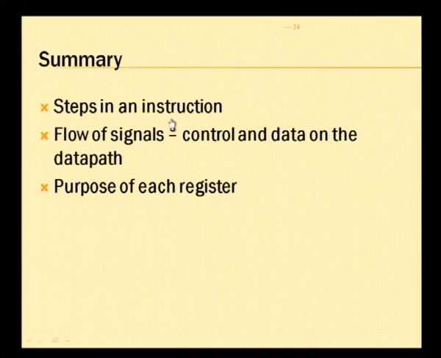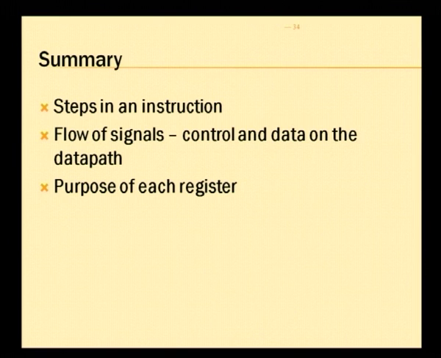To summarize, what we have looked at in today's lecture is the various steps involved in the execution of an instruction, and we have seen the flow of signals, that is how the control signals flow, and how the data flows on the data path. When I say data path, we are talking about the connection between the different units, either through a bus or some direct connections that may be available.